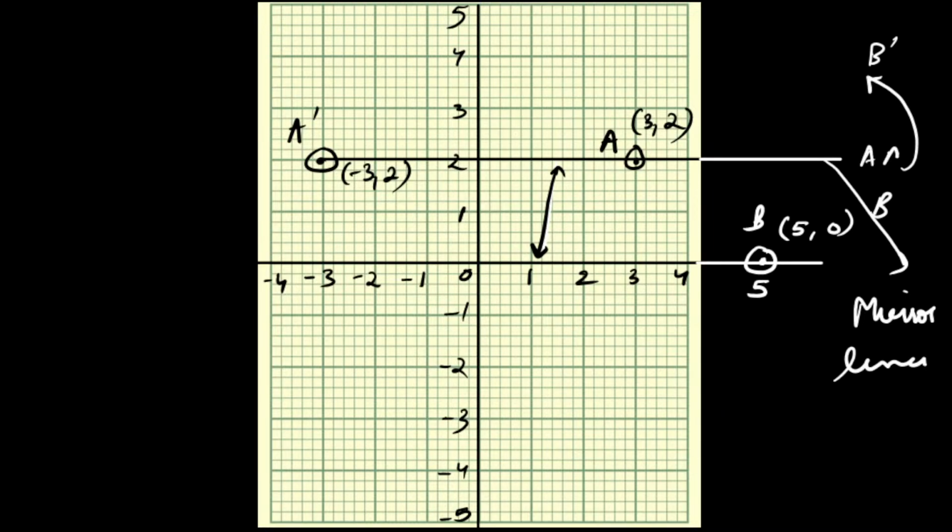Now on the other side I have to go 2 units. So 2 to 3 is 1 unit, 3 to 4 is another unit. Here we'll plot the point, 2 units away from the line AA dash. So we'll get B dash over here.